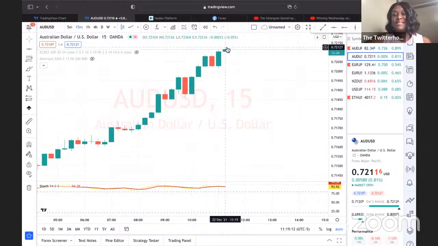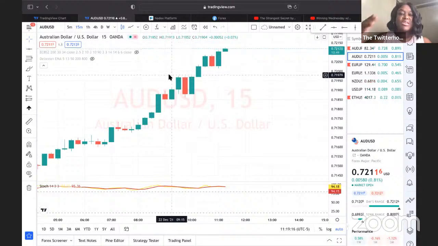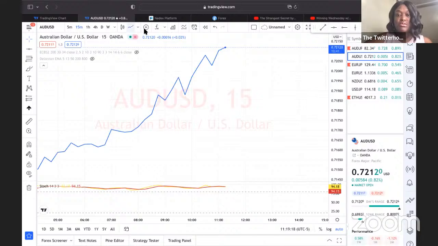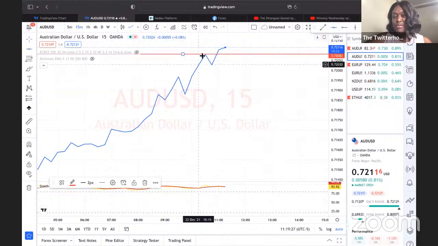We buy the ceiling, right? Because the past ceiling is going to be the present floor. So just on a quick glance, that's a ceiling because it came up here, it got knocked down, then it broke through.